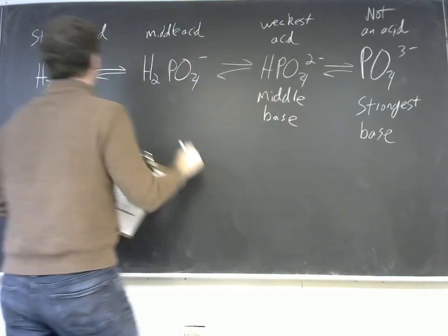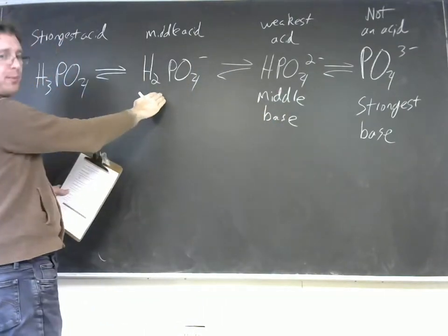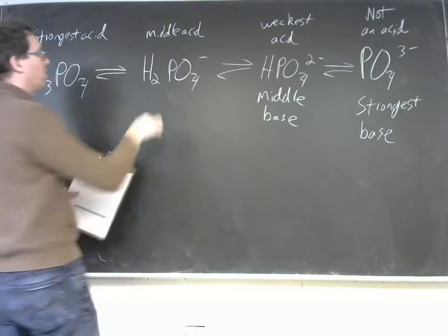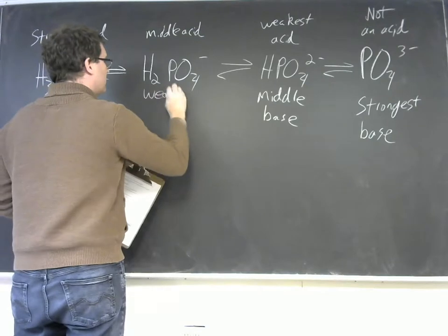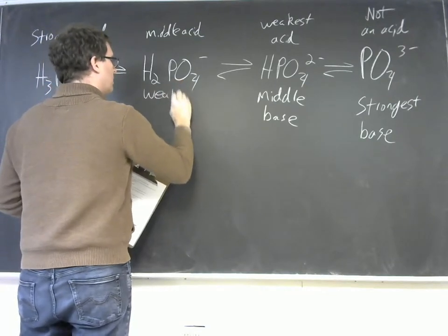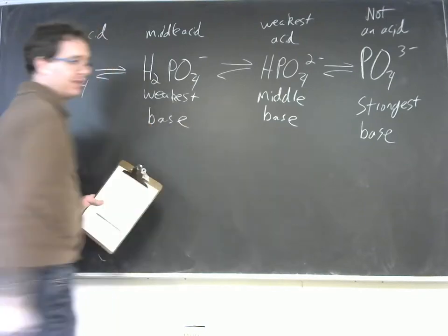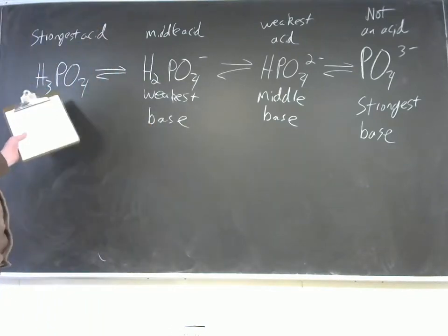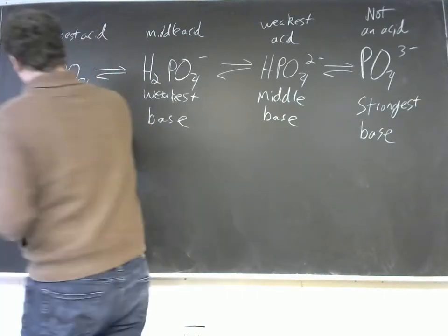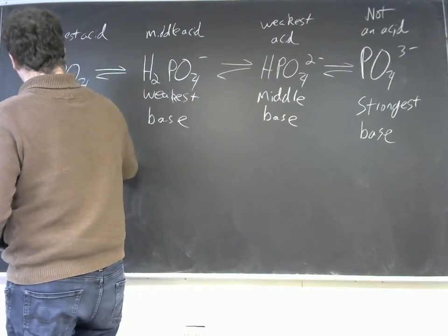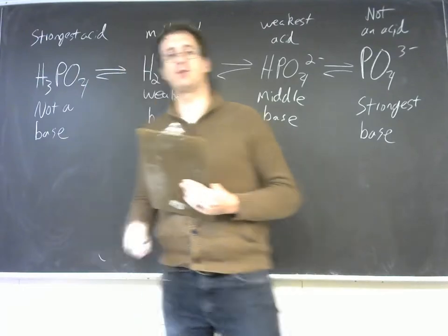And then H2PO4- is the conjugate to the strongest acid in this series, so it must be the weakest base in this series. And H3PO4 is not a base at all. It will not accept a proton at all.